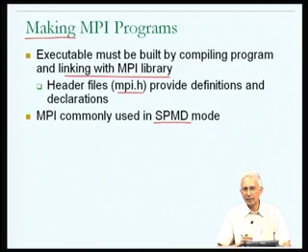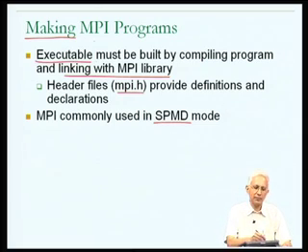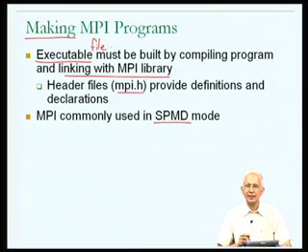Now it turns out that in MPI people commonly use this SPMD mode. In other words, they write a single program which generates a single executable. This executable file, what I mean by an executable is an executable file like an a.out, would then be run on each of the processors, each of the nodes of the parallel computer. So it's the same program that is running on each of the nodes.